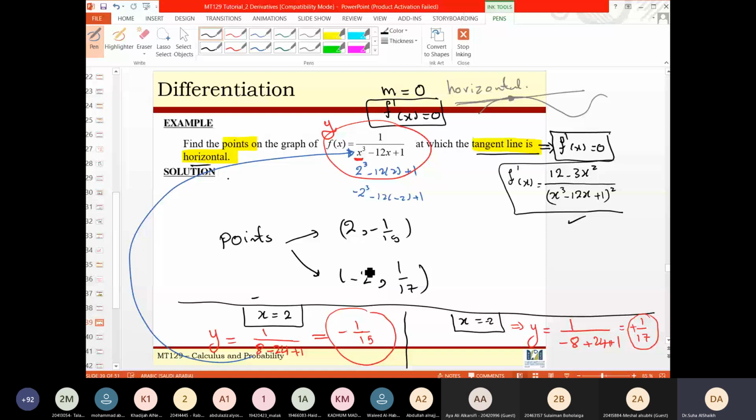So as I told you, MT129 calculus is building things. Nothing is separated from anything. Everything follows each other, so you don't have to leave any gap. We must know how to solve, and we must know how to find the derivative very well. No piece of information can be missing from us.